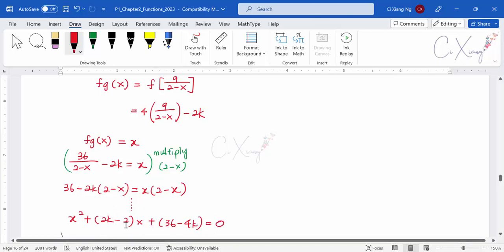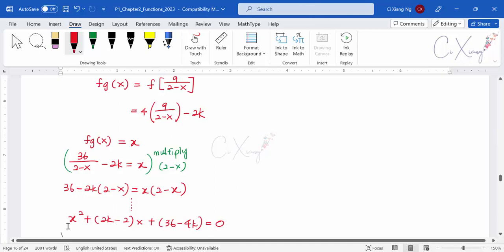To get to this step, you need to expand everything here and then rephrase the equation. Then you put the highest power of x in front, which is x squared plus (2k minus 2)x plus 36 minus 4k. So from here you can see very clearly that this is a quadratic equation.